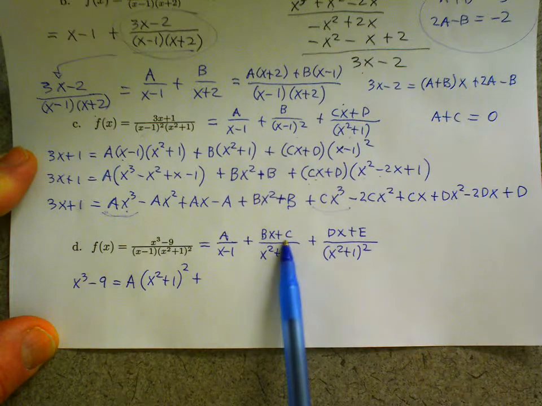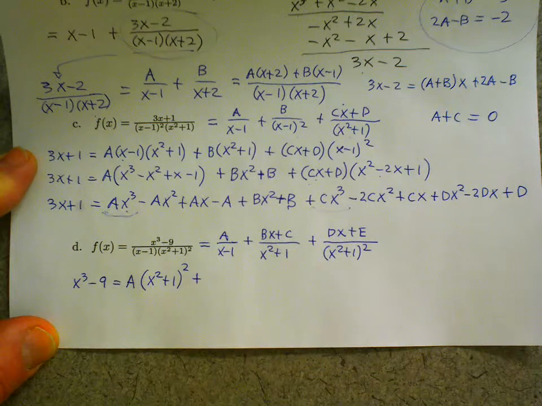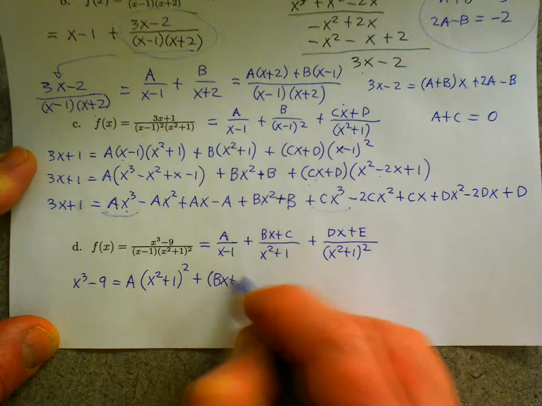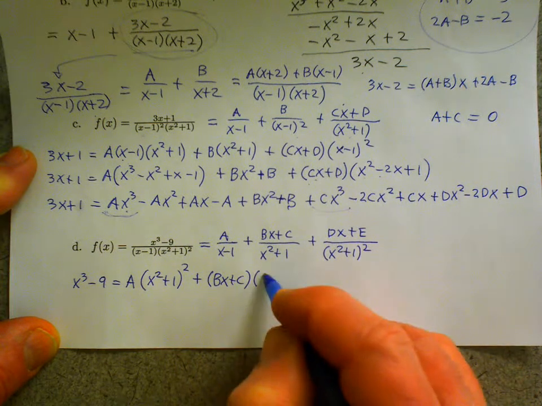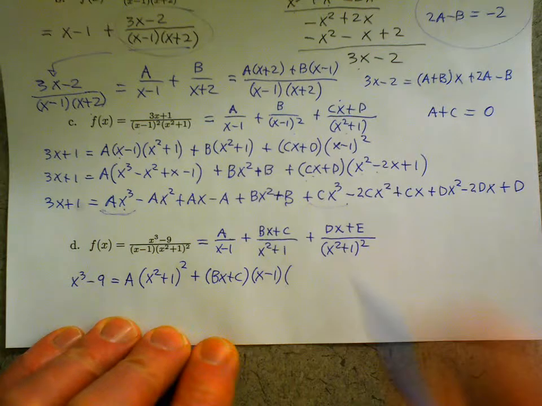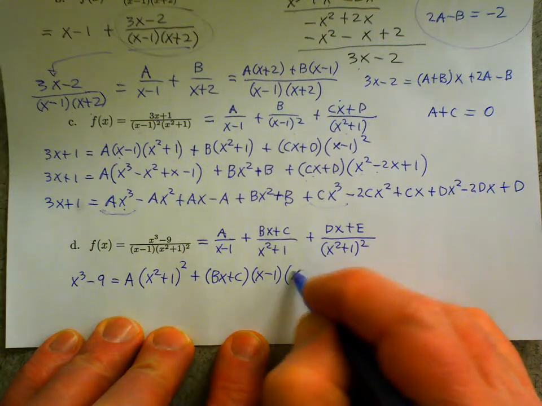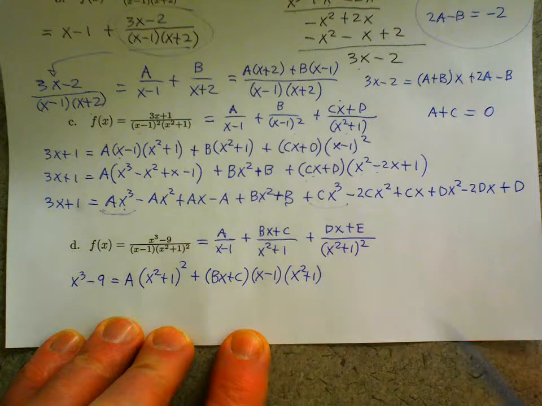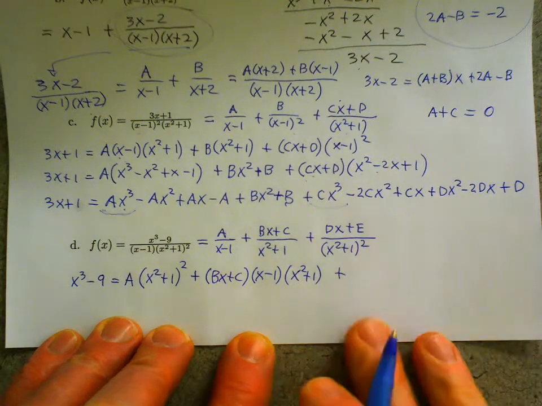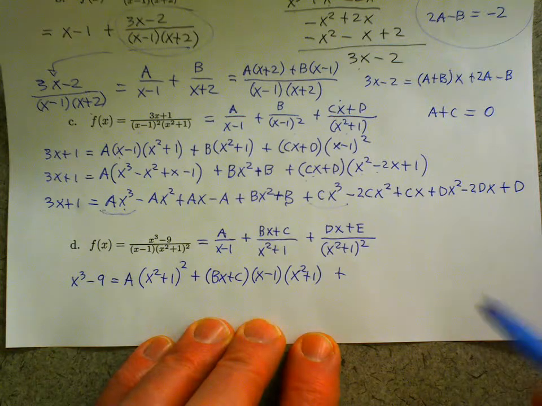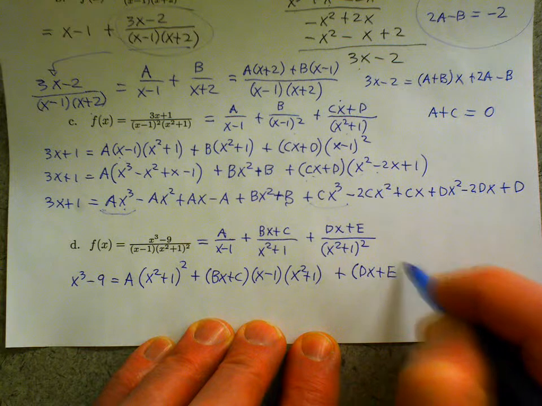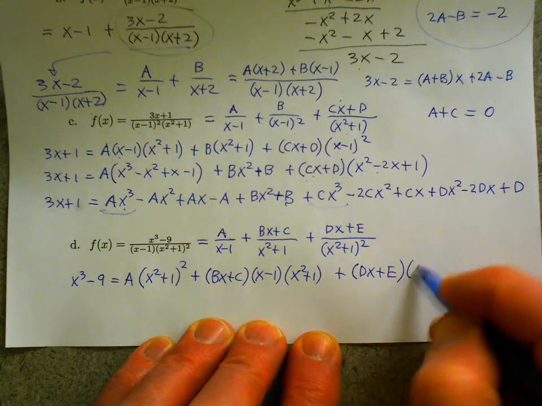And then multiply the middle term by the least common denominator, we'll get bx plus c times x minus 1 times one of the irreducible quadratic factors. And then the last term, we just get dx plus e times x minus 1.